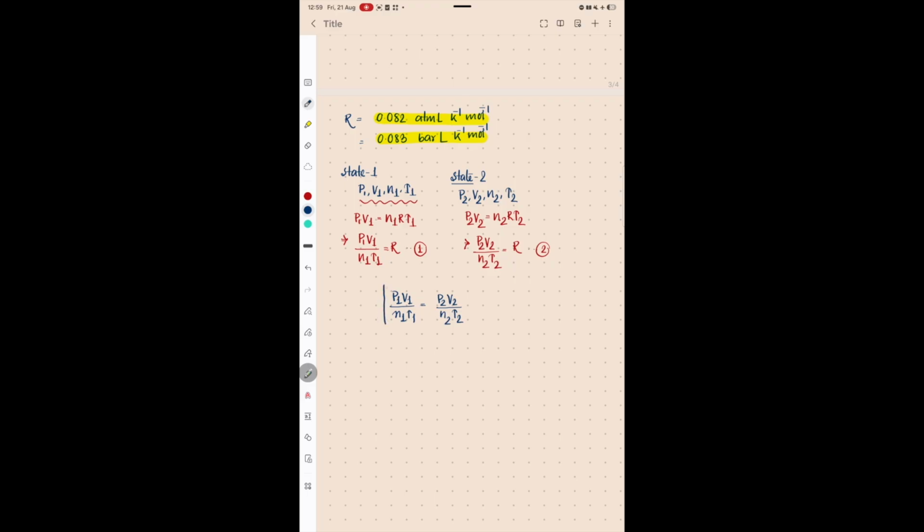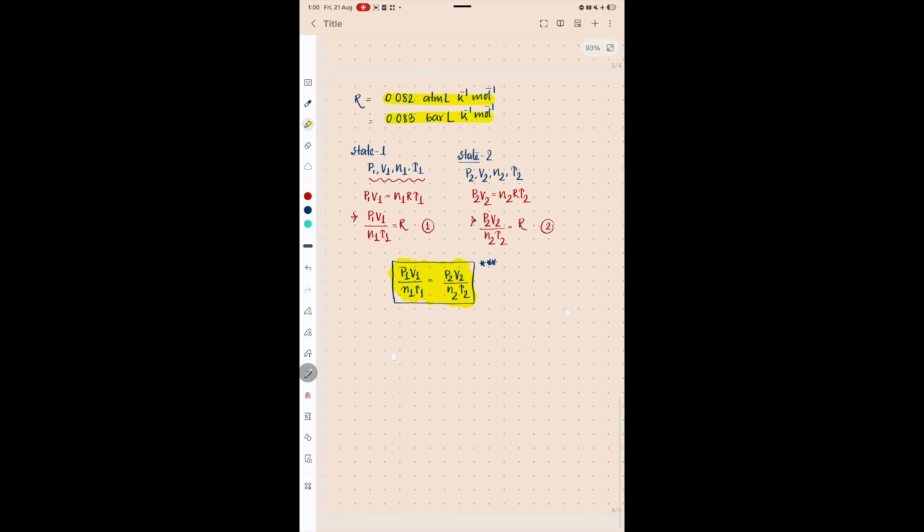Okay, so this is one of the most important equations you have to use in your gaseous state numericals. Okay, this is the mother equation. From this equation we will derive many things, but this is one of the most important equations you need to remember.